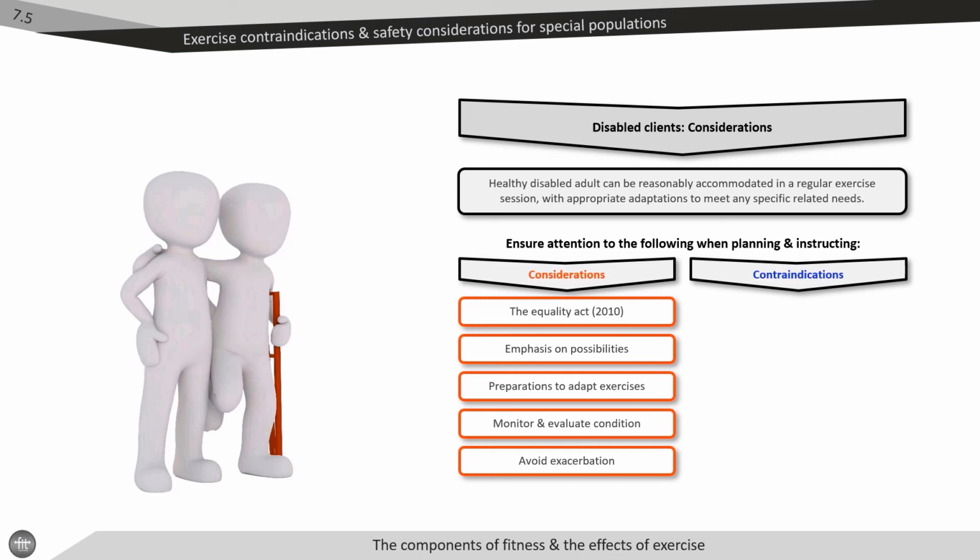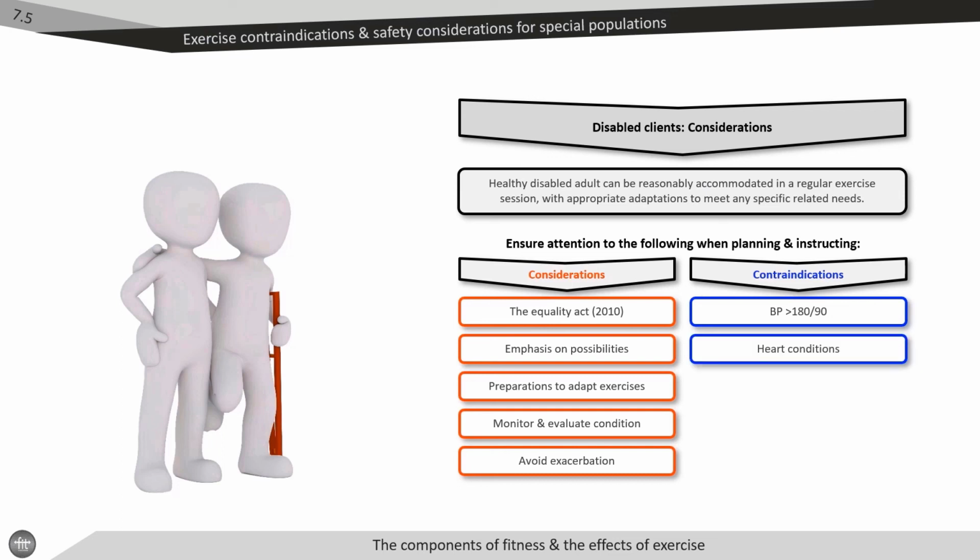Contraindications to exercise for the disabled population are the same as with any other population and include stage 3 hypertension with a blood pressure of 180 systolic over 90 diastolic, tachycardia with a resting heart rate of 100 beats per minute or more, or any heart conditions.